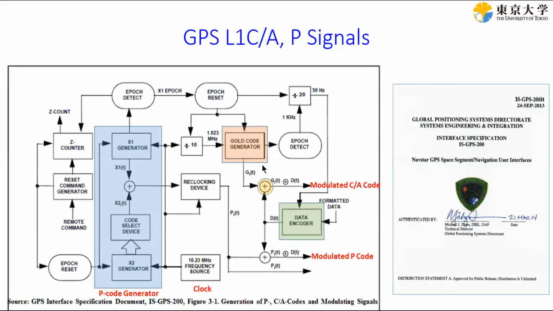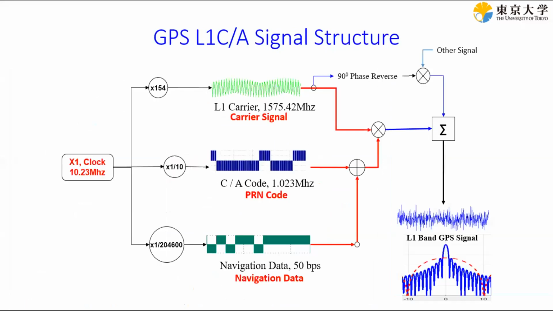Okay. So this diagram shows the basics of the signal generation, but this is basically for the hardware, but for software, it's simpler. Now, this is the way we generate it for the software. Like if you use MATLAB or some other programming language, you can generate a carrier at 1575.42 megahertz very simply. It's just either a sine or cosine.